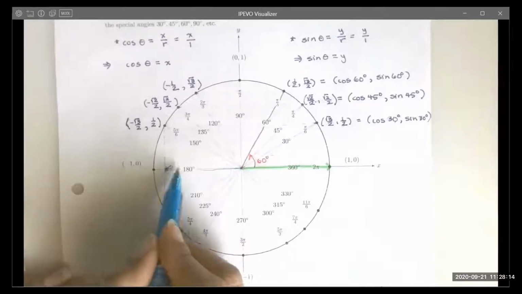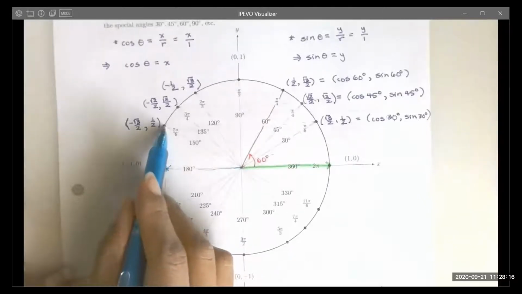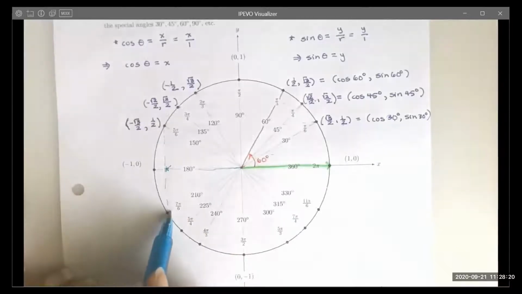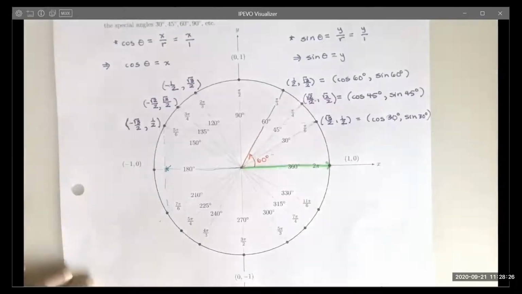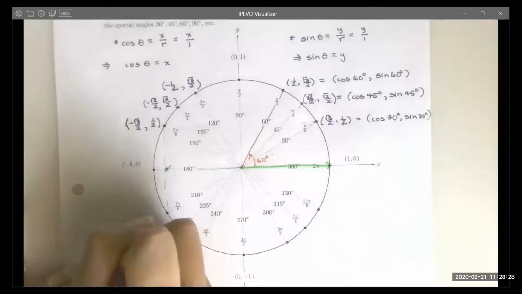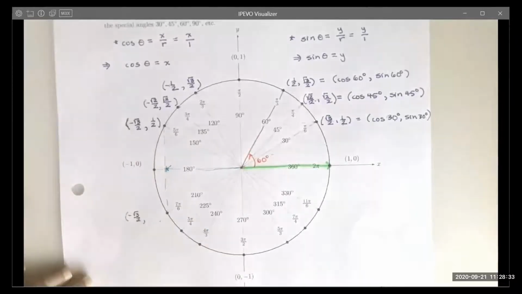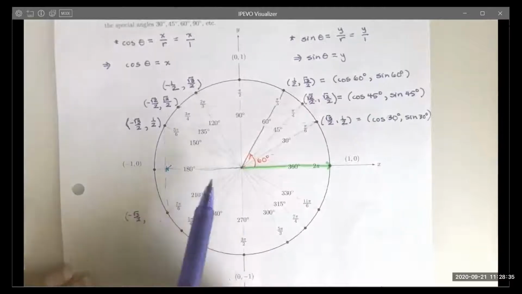And that distance is the same both for the point on the terminal side of 150 and the point on the terminal side of 210. So that means that they share in common this x value, right? This negative radical 3 over 2. So that's going to be a common x value that they share.